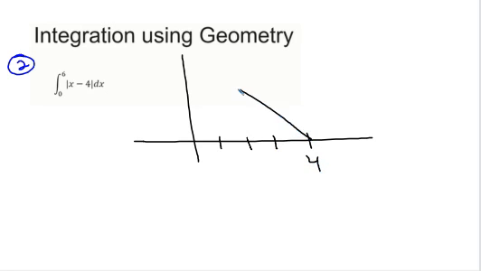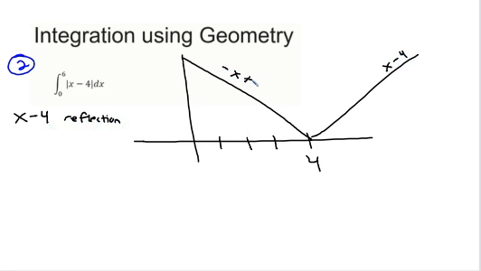And we know from what we've learned about absolute value functions that this is just x minus 4 with a reflection. So over here, we've got x minus 4. Over here, we've got negative x plus 4, which means this y-intercept over here is 4.